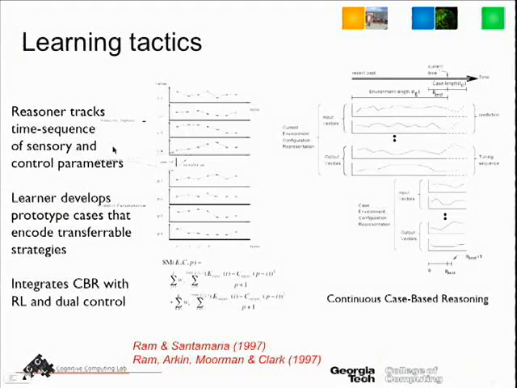The system then learns patterns over this, so that when I'm in a certain type of situation, I can find a similar matching pattern that looks a little bit like what I'm seeing right now, and from that, decide what to do next. This type of approach ends up learning tactical knowledge because it extends over short periods of time. So the system learns, for example, that if I'm entering a very heavily crowded environment, I might want to slow down, or I might bump into something or get ambushed. The system can learn those kinds of tactics autonomously.